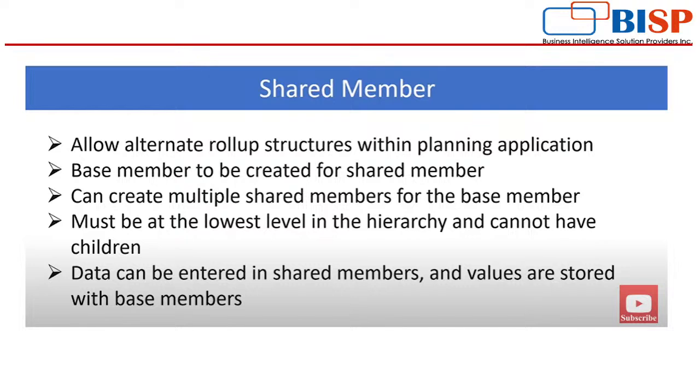When a particular base member has to be created in some other hierarchy, this is known as a shared member. We can create multiple shared members, and shared members will have the same member properties which are there in their base members.